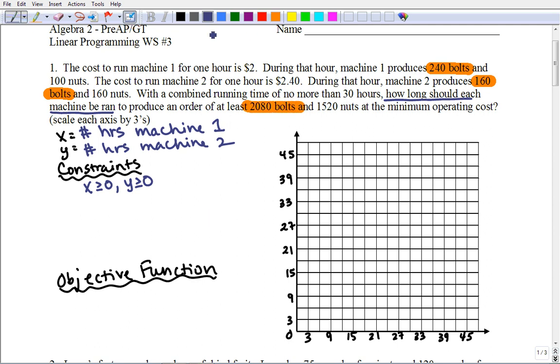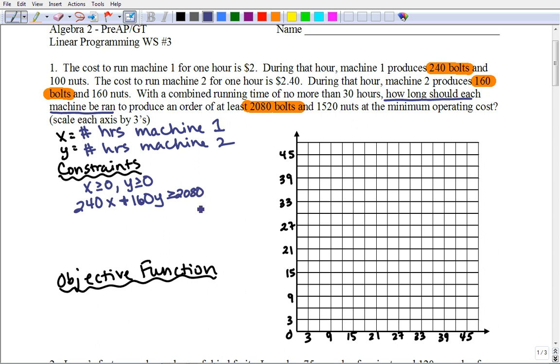So with that information, we can say 240 times the number of hours machine 1 runs, that'll give us 240 bolts per hour of machine 1, plus 160 bolts times the hours of machine 2. That should be at least, so that means greater than or equal to 2,080.